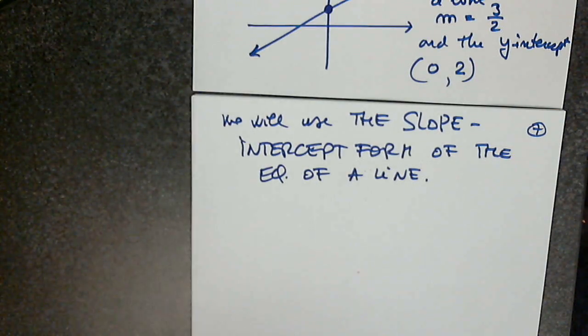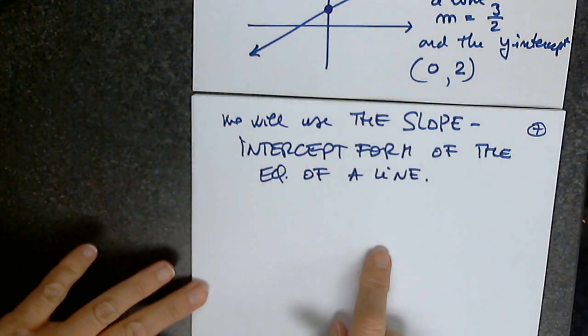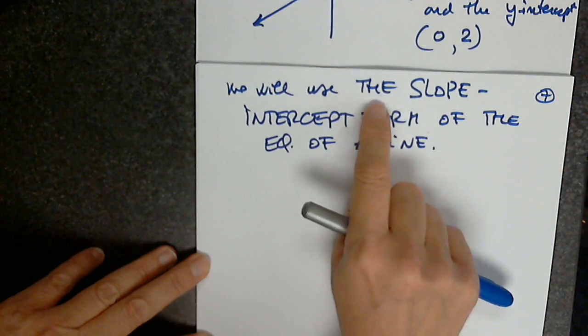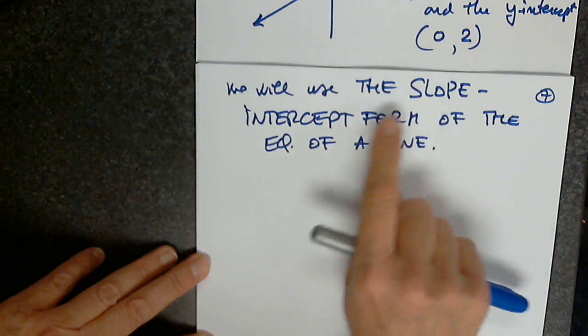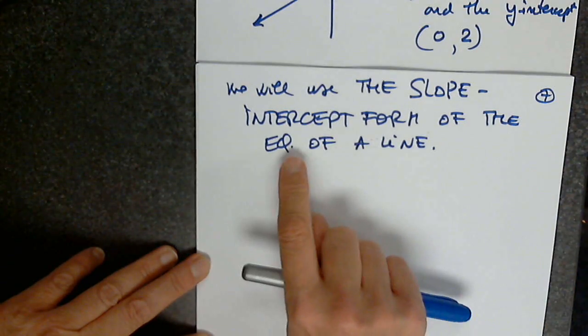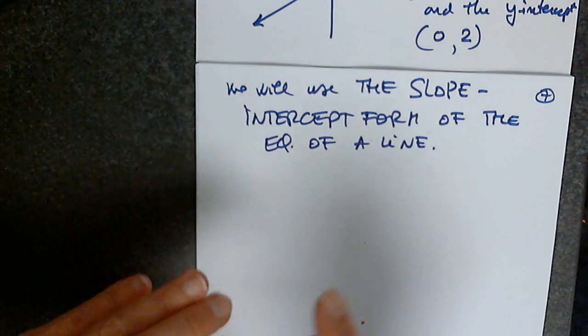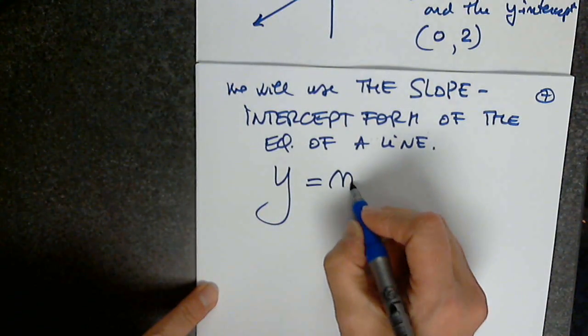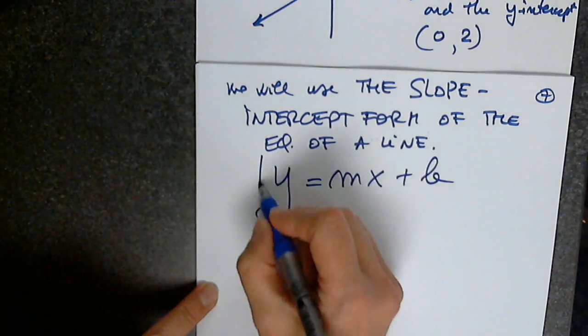Okay, positive slope. So if I have the slope and I do have the y-intercept, I can use what is called the slope-intercept form of the equation of a line, which is this. Yes? Everybody knows that. Excellent.